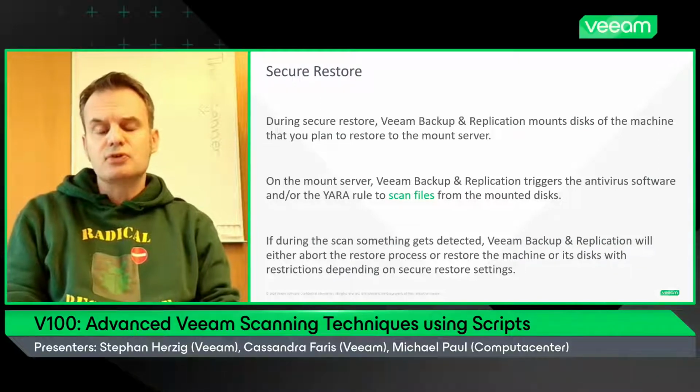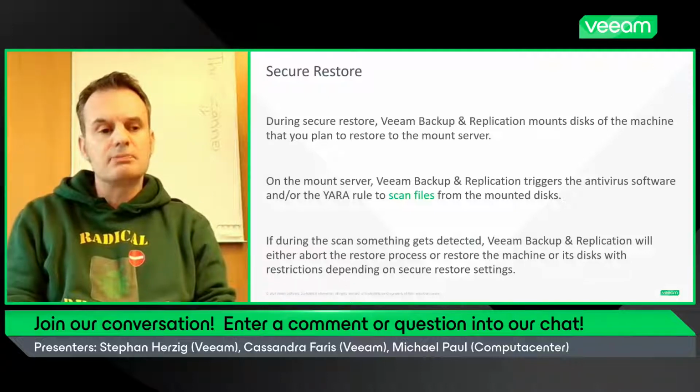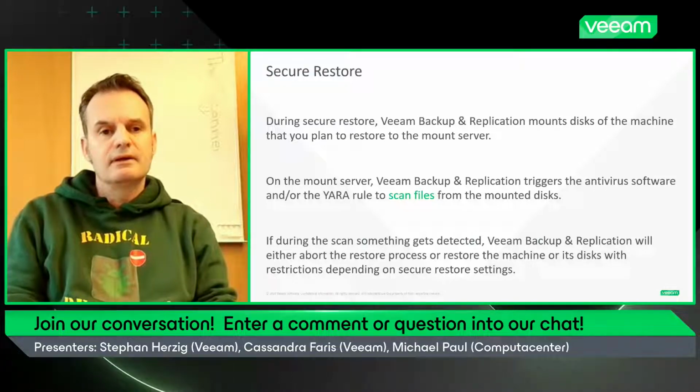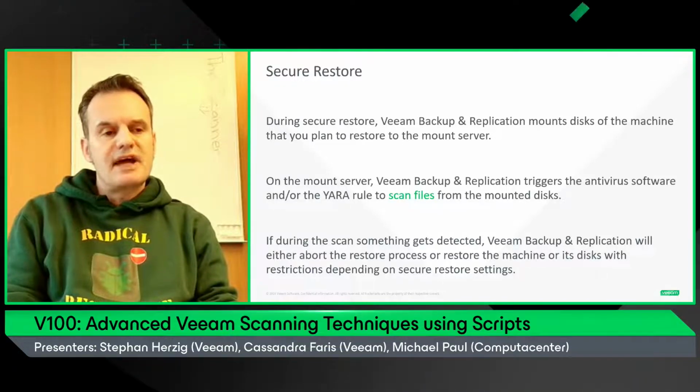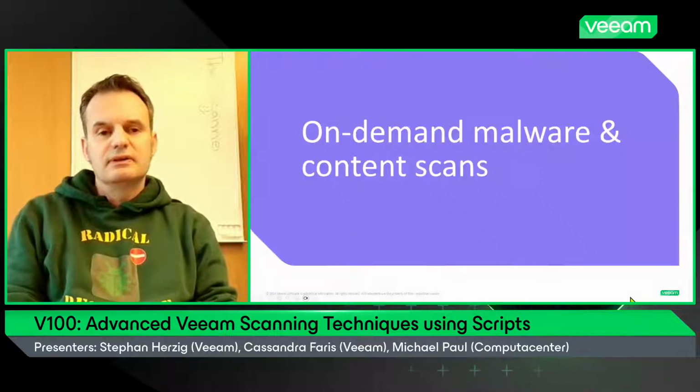But do you have to wait until a restore should happen for scanning your backup? No, or your backups. So here we have now in the UI the scan option, but it's on demand.